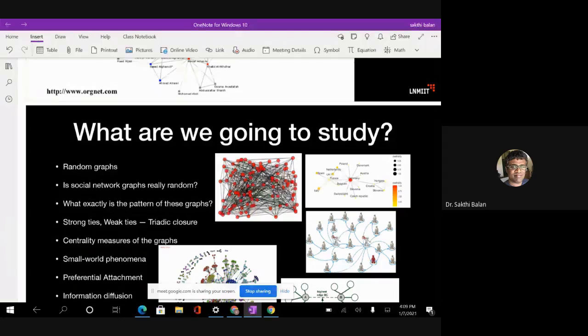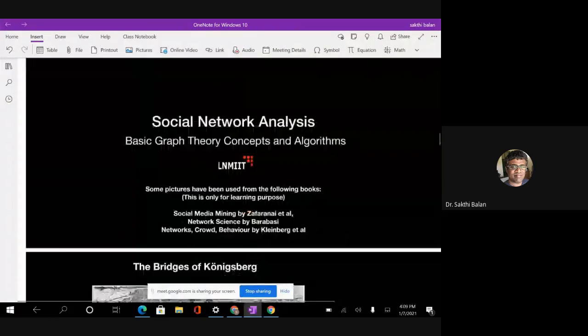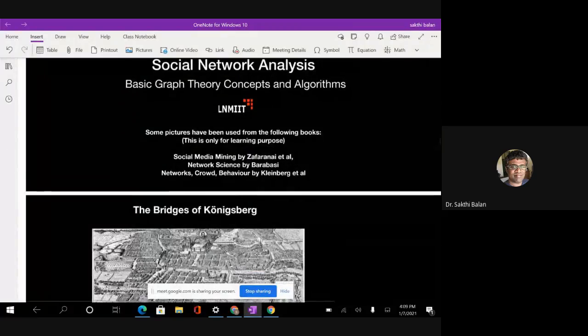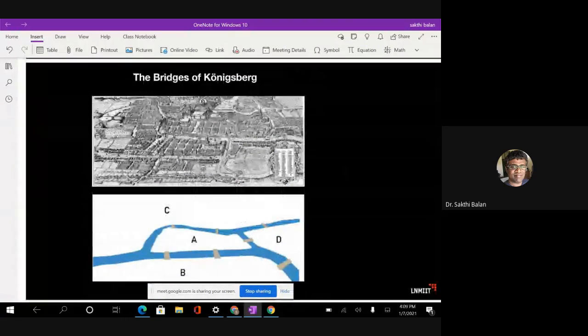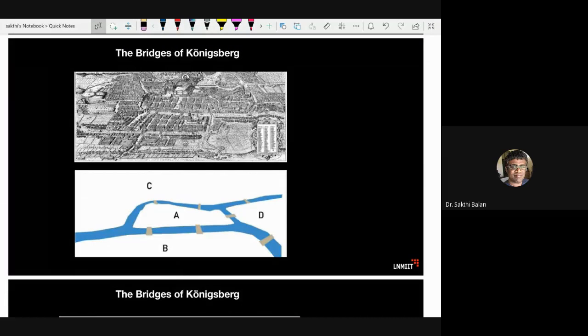So let's start with the basic graph theory concepts. Graph theory, as I said, is an area on its own. People have seen a lot of applications of graphs.